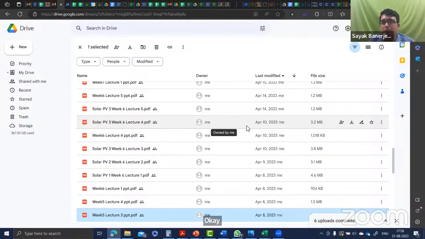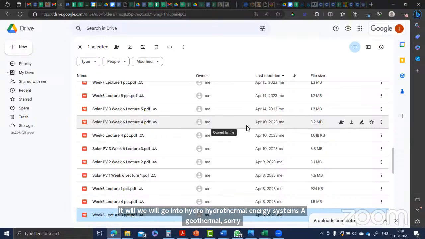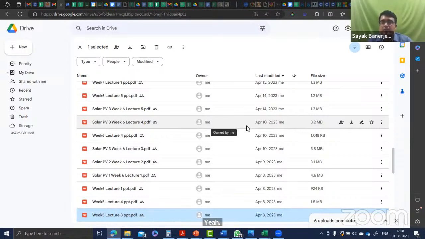Then we will go into hydrothermal energy systems, geothermal energy systems, and then energy storage technology for renewable grids. Different types of energy storage systems will be discussed, and how they can do different types of functions in a renewable grid infrastructure. That will include batteries, capacitors, and all of those things.